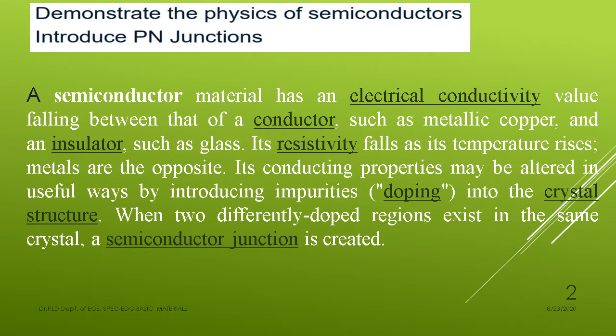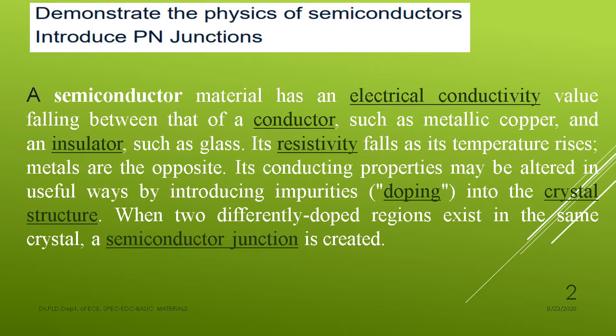Its conducting property may be altered in useful ways by introducing impurities, compared to the pure form of semiconductor, that is, intrinsic semiconductors. Here we can increase the conductivity of semiconductor material by adding impurities to the pure form of semiconductors. The process of adding impurities is called doping. That's the doping process into the crystal structure of a pure form of semiconductors.